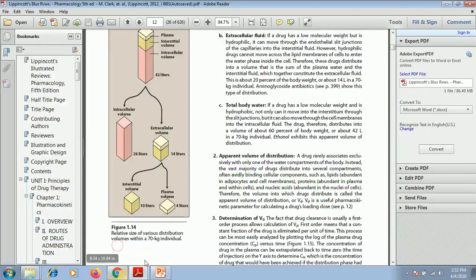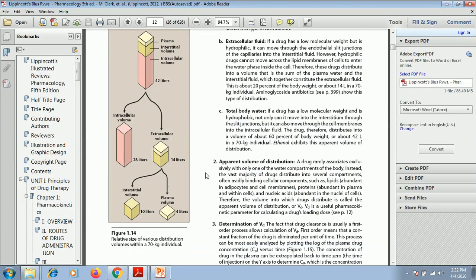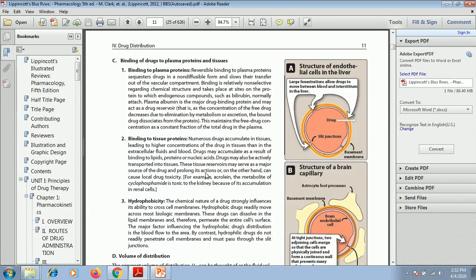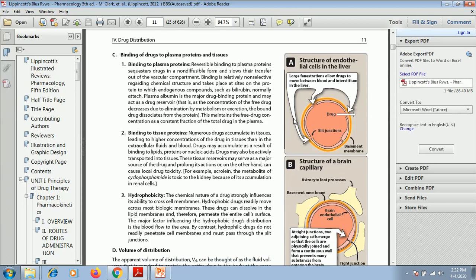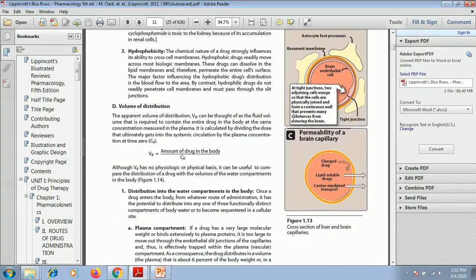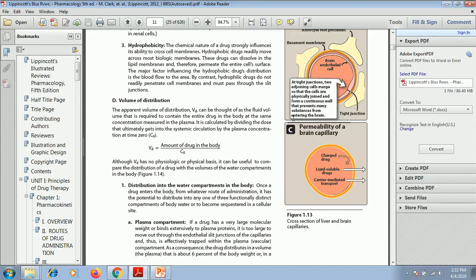Then we have volume of distribution. If we define volume of distribution, it is a hypothetical volume in which a drug distributes itself within the body.